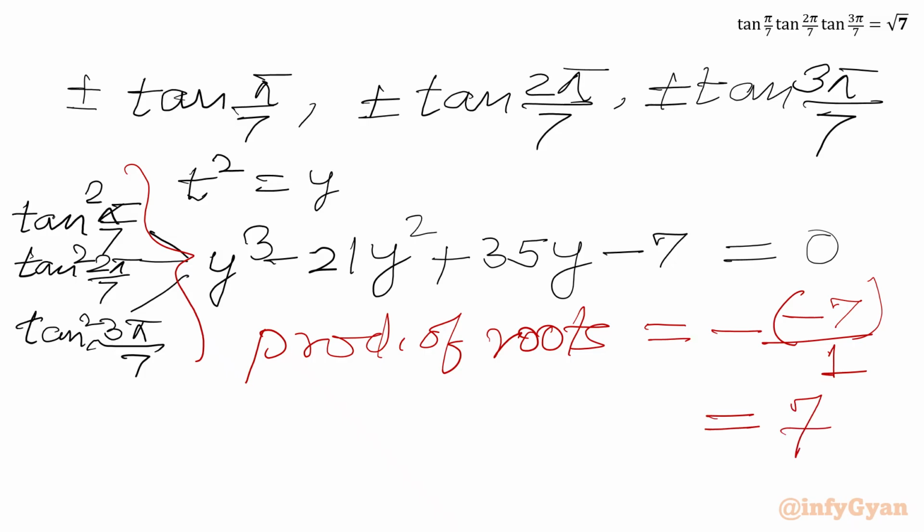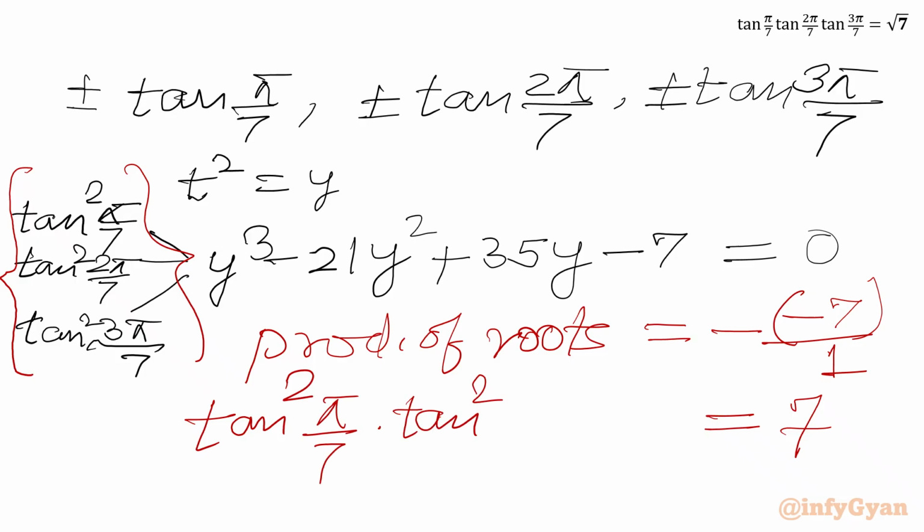Left hand side, we multiply these three roots: tan square pi over 7 times tan square 2 pi over 7 times tan square 3 pi over 7.